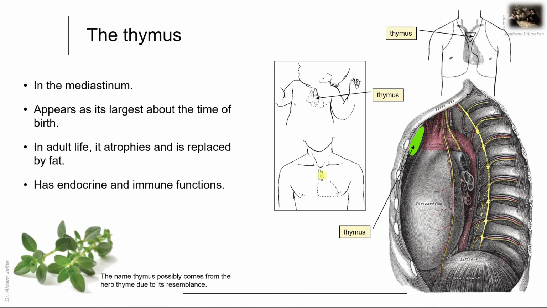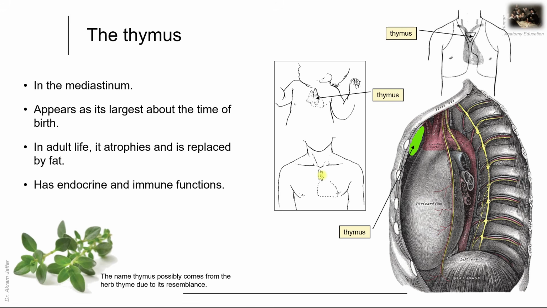The thymus is not only part of the immune system as a primary lymphatic organ, but it is also considered part of the endocrine system because it produces hormones that are required for the nurturing and maturation of the T lymphocytes.